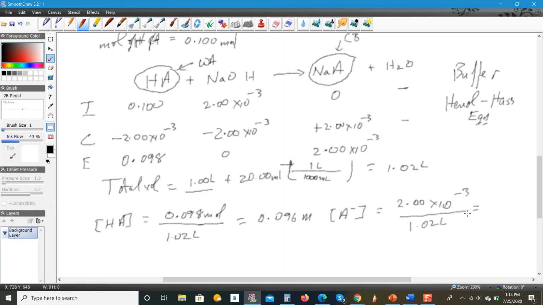And according to my calculations, that works out to be equal to 1.96 times 10 to the minus 3 M. All right, this should be moles here.